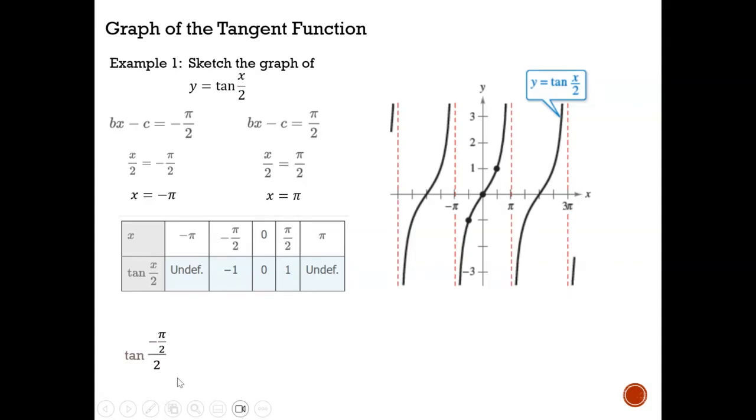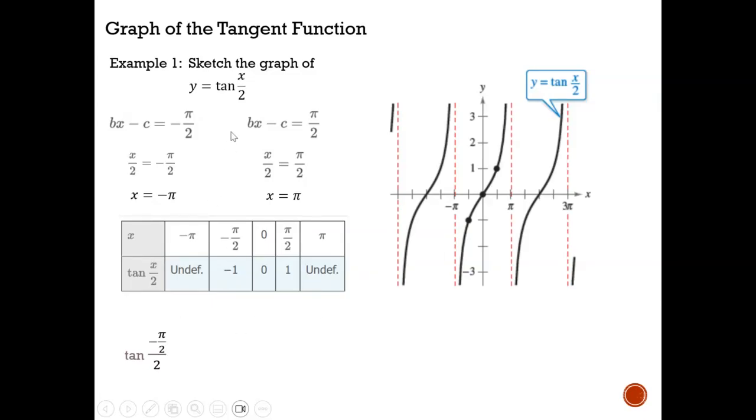Here's why. I'm going to plug in 3 points that are between negative pi and pi: negative pi over 2, 0, and pi over 2. That way we can see how this graph is going to go.